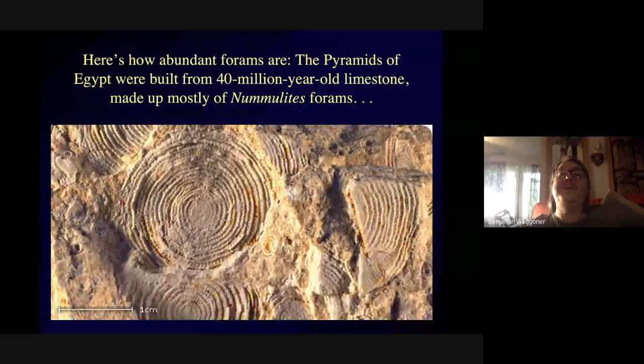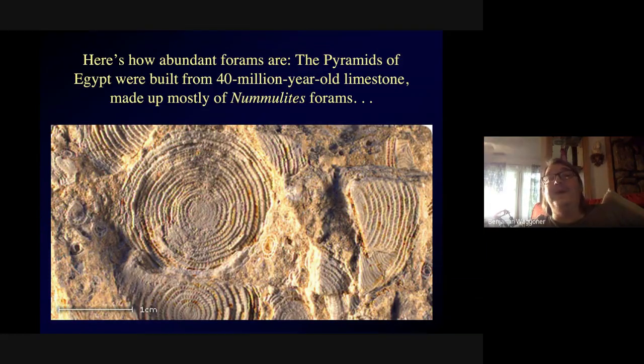The pyramids, be it said, used to have polished marble on the outside, but the inside of the pyramids was mostly much cheaper limestone, and that limestone is made up mostly of Nummulites forams. There are plenty of rock deposits on Earth that are made up almost entirely of forams or of rads.